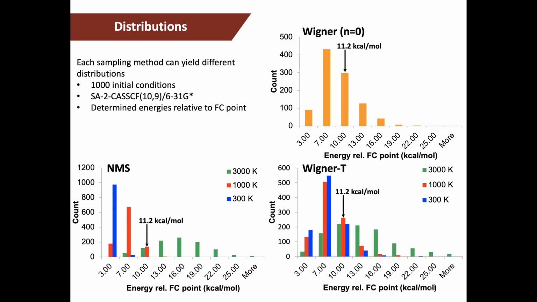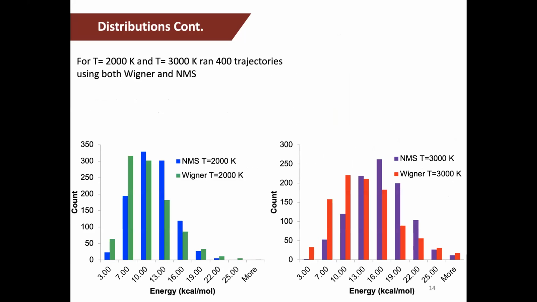It depends on the problem, and the conditions you're trying to study. At lower temperatures, I wouldn't really recommend using normal mode sampling, especially because it's a classical distribution where quantum mechanical effects are more important. You probably want to use Wigner sampling. But at higher temperature, as I showed with the 2000 and 3000 Kelvin results, they start resembling each other, so I don't think it makes that much of a difference.